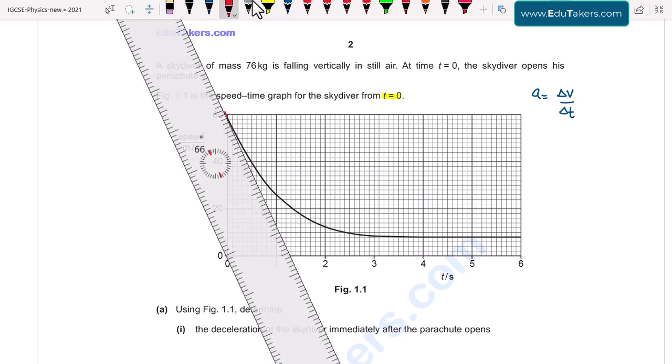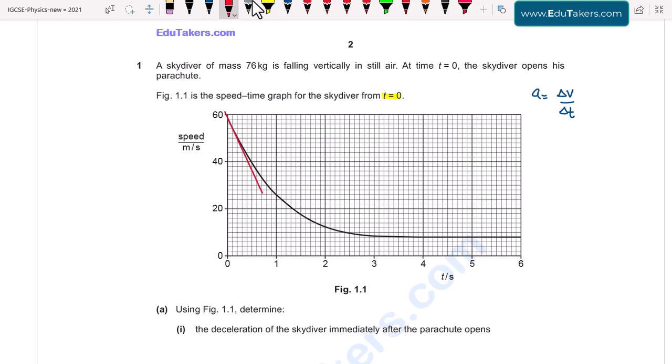So this line will be like this. And then we take this point and this point. When I take both of these points on the y-axis, I also have to find out their corresponding time on the x-axis. So this is basically at the point where it touches this curve, and I have to take its corresponding time, and it is 0.2 second and 0 second.